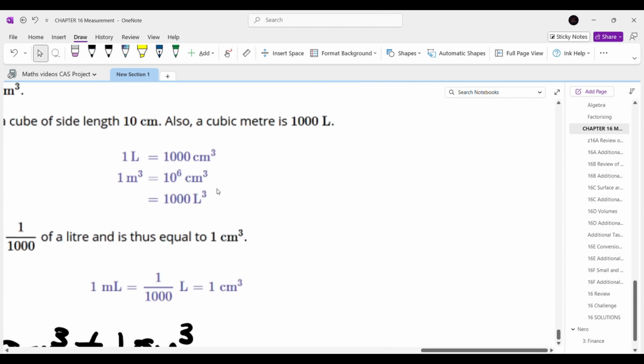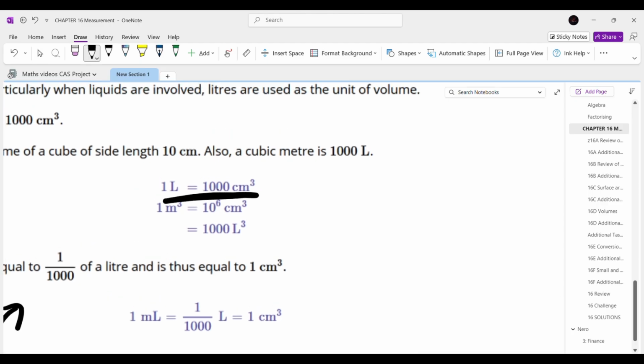So one liter, remember, is just 1,000 cubic centimeters, and 1 milliliter, which is a thousandth of a liter, is equal to 1 cubic centimeter.